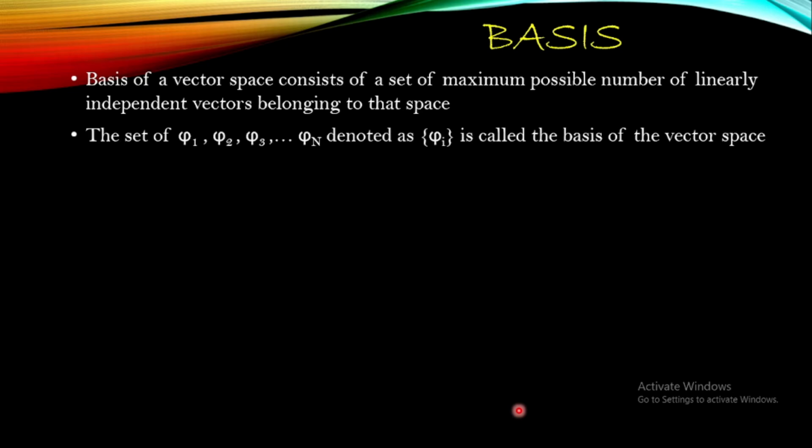The set of vectors phi1, phi2, phi3 and so on up to phi n, denoted in short by the symbol phi i within the flower brackets, is called the basis of the vector space, while the vectors contained in it, that is phi1, phi2 and so on up to phi n, are called base vectors or else basis vectors.